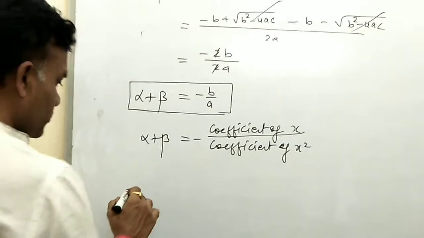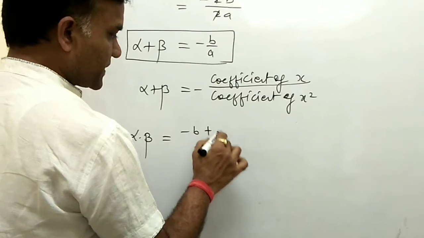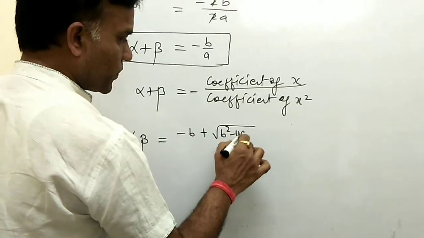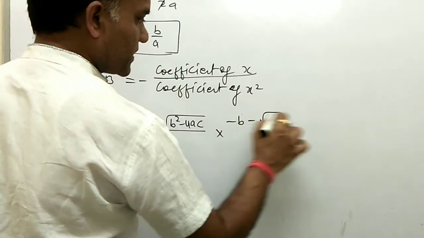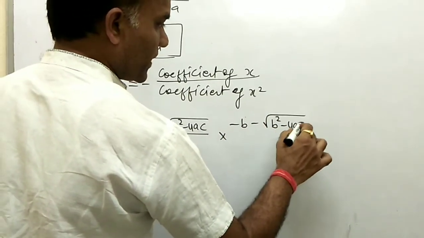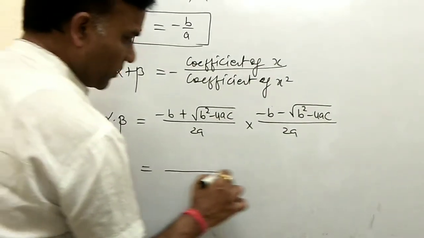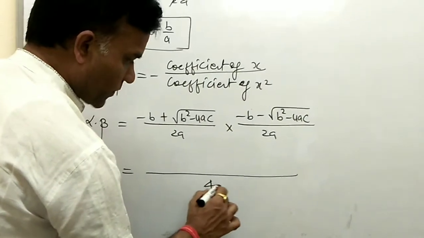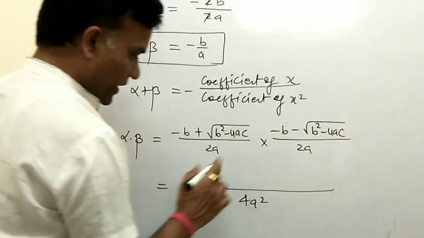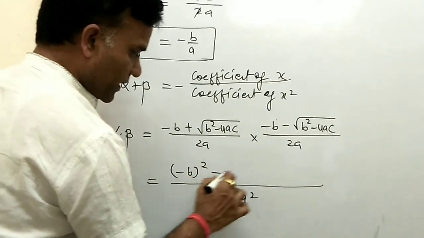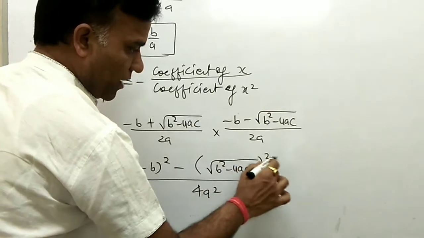Now the same concept we use for alpha into beta. Okay, so alpha, that is (minus b plus under root b square minus 4ac) upon 2a, into (minus b minus under root b square minus 4ac) upon 2a. Okay, so the numerators you multiply, and in the denominator 2a into 2a, that is 4a square. Now you use the identity (a plus b)(a minus b), so minus b whole square minus under root of b square minus 4ac whole square.